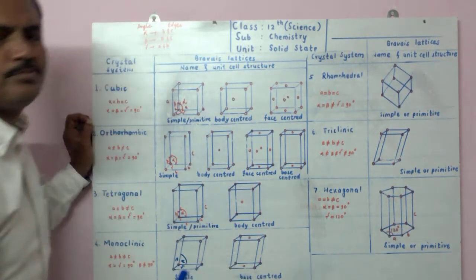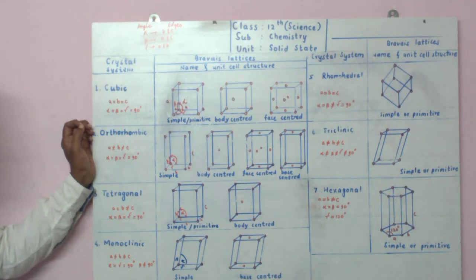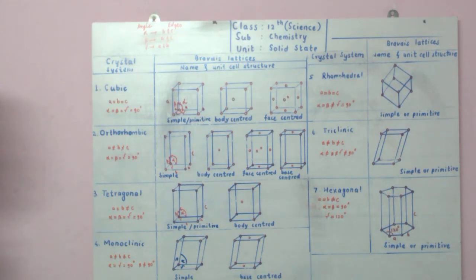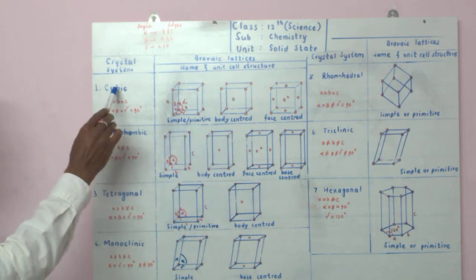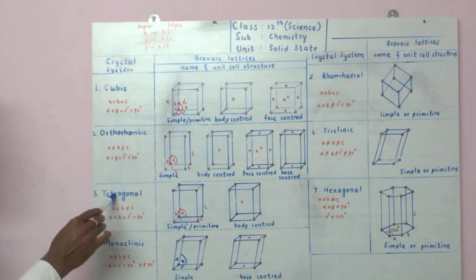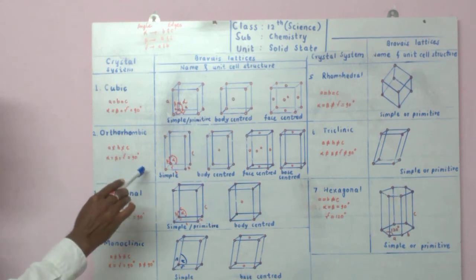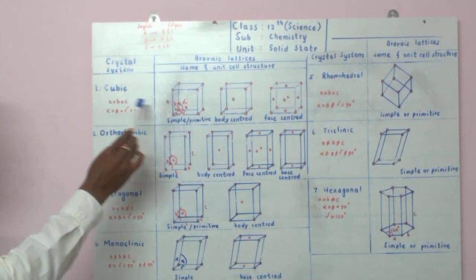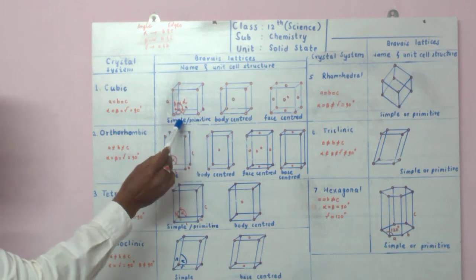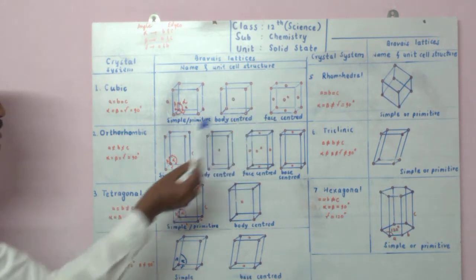In this way, these 14 Bravais lattices are shown in this diagram. These 7 crystal systems are shown in 14 ways. Like this, cubic has 3 types: simple, body centered, face centered.